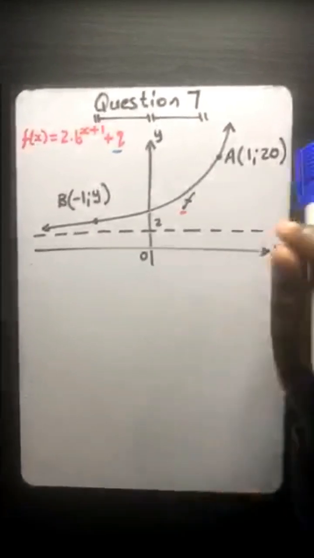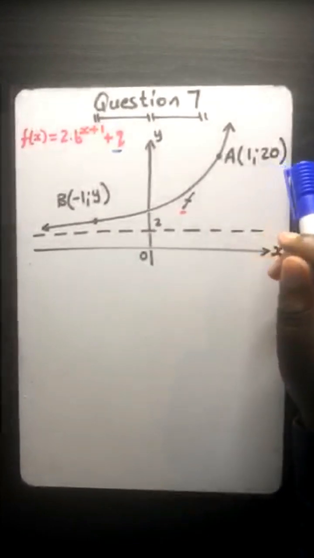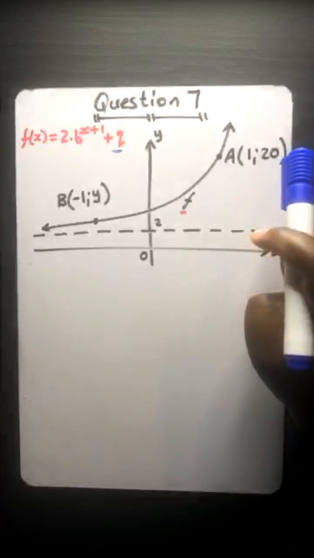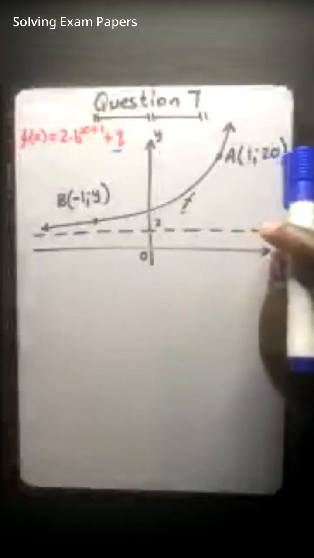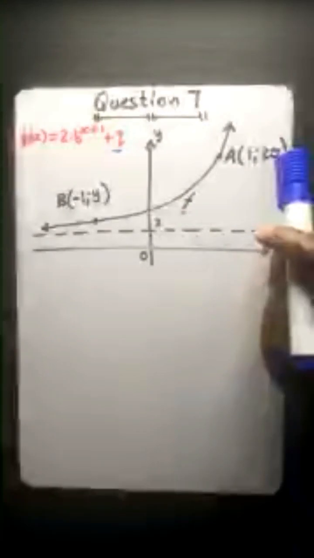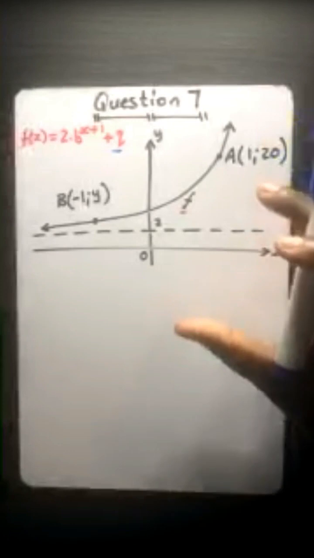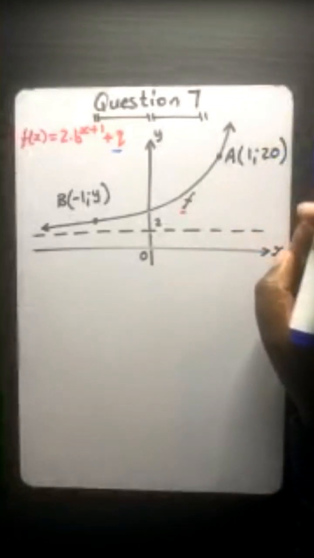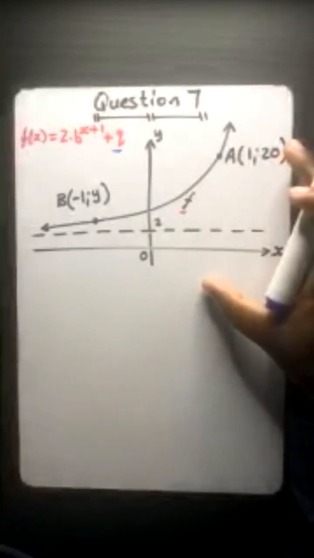Now, let's see. We are given a statement there which says the sketch below is the graph of f of x, which is equals to 2 times b to the exponent x plus 1 plus q. Remember, guys, in most cases in mathematics you'll be given a statement and a representation of that statement, meaning whatever I'm reading there is diagrammatically represented there.